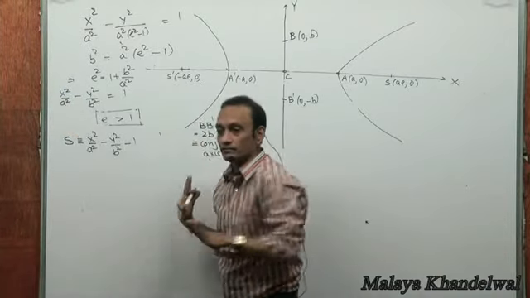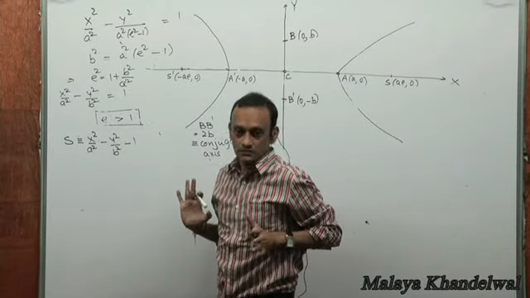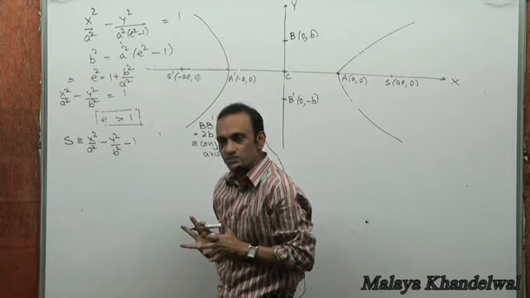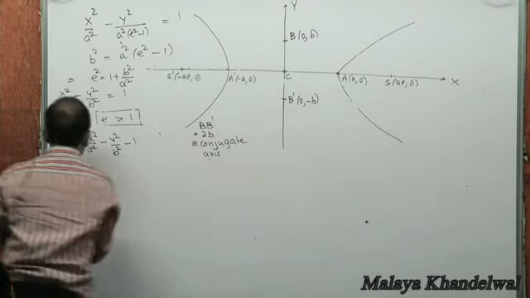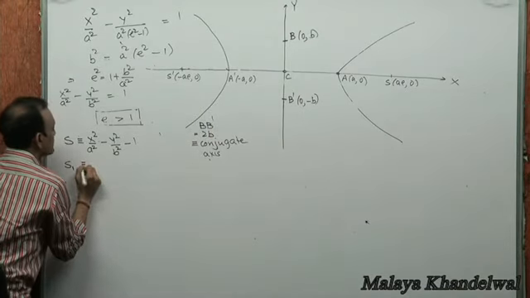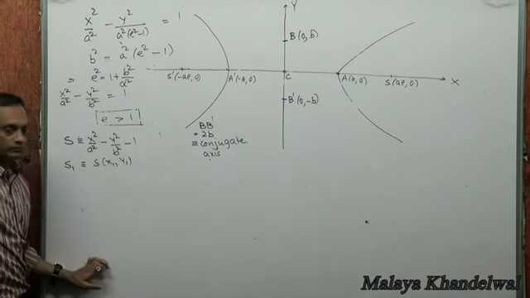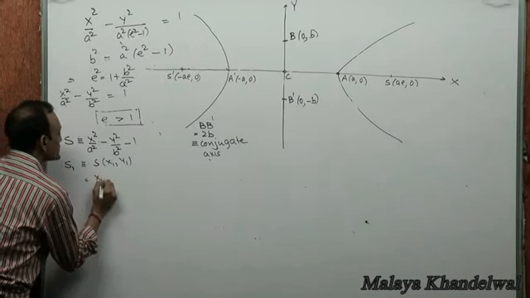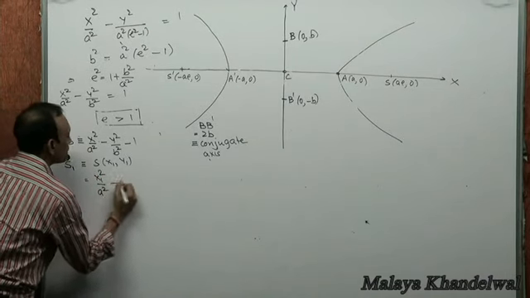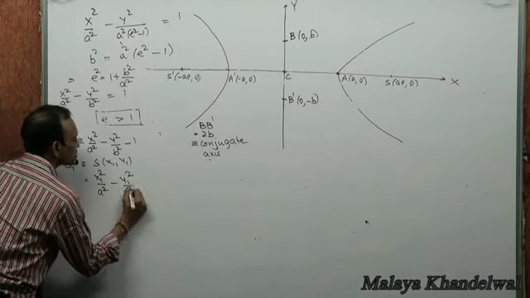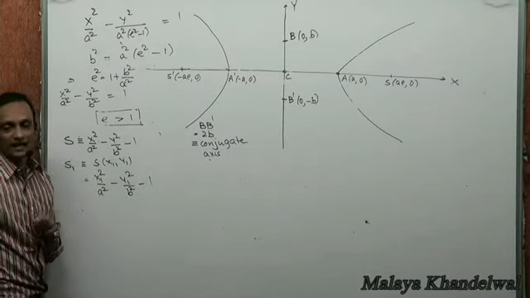S1 simply means the value of S at x equal to x1 and y equal to y1. That means it's x1 squared by a squared minus y1 squared by b squared minus 1, that's S1.